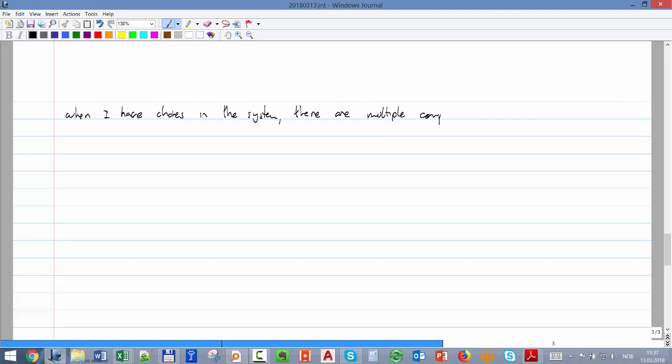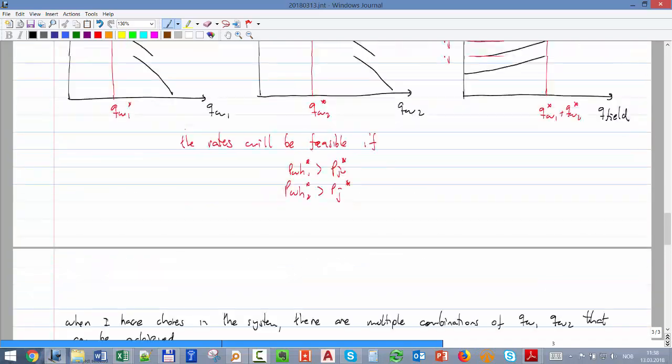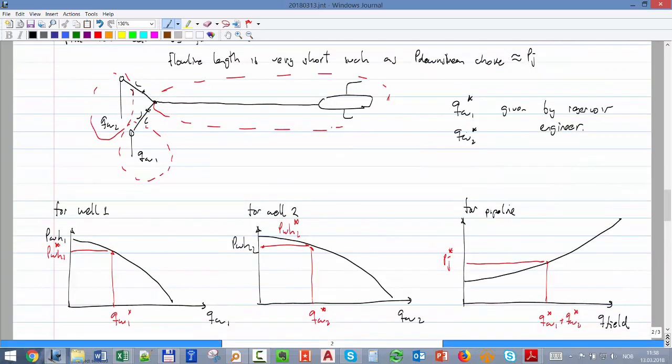Multiple combinations of Q1 and Q2 that can be achieved. You understand? Because if the reservoir engineer comes with any other two combinations, as long as they give positive, I can produce that rate, right?